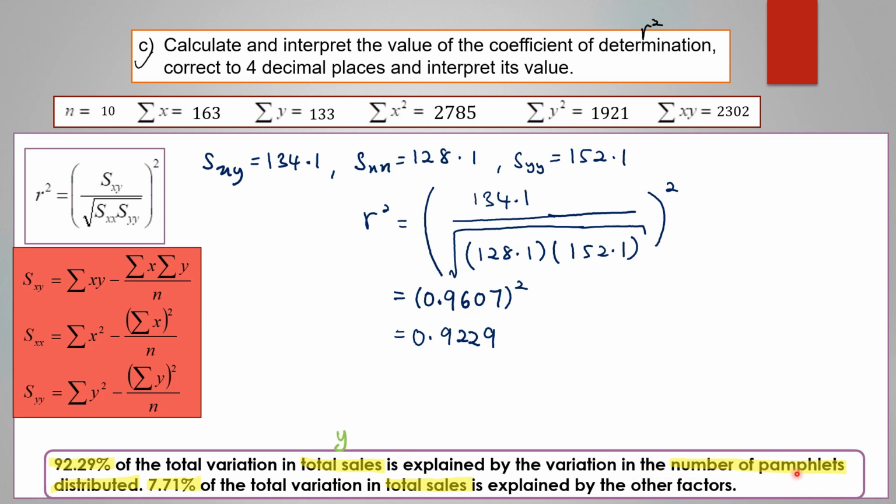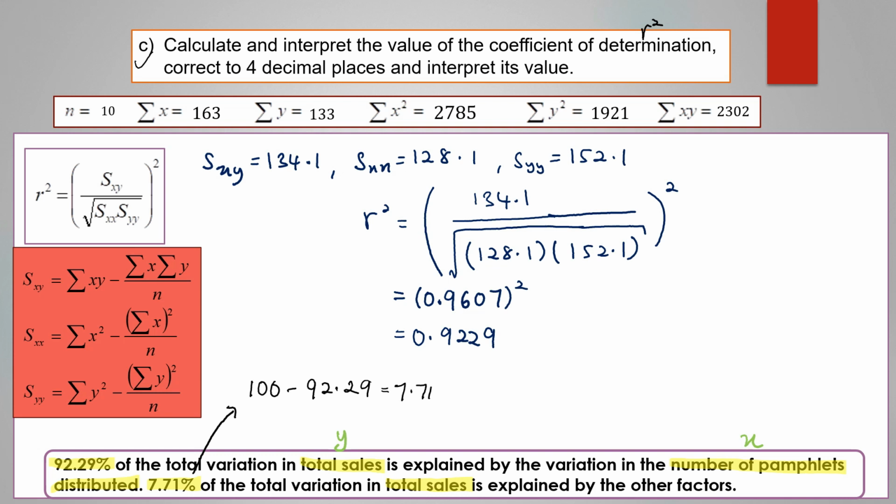The number of pamphlets distributed refers to the variable of X. How do we get 7.71%? 7.71% comes from 100 minus 92.29. That's why here we have 7.71.